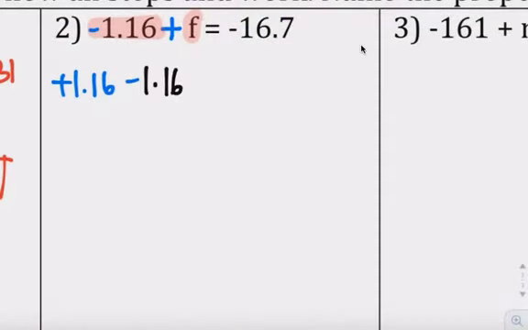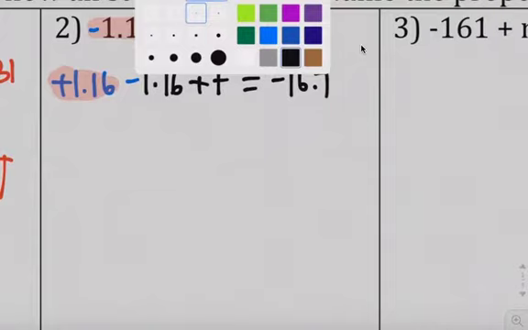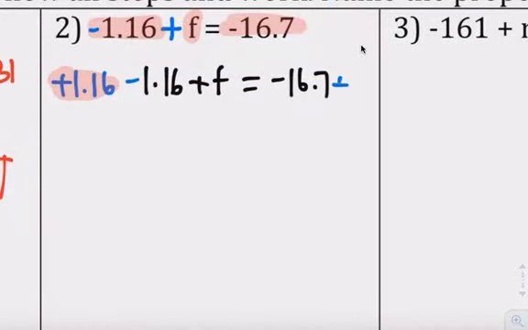That will get you 0 plus this F. Well, what you do to this side, you must do also to this side. You've got a negative 16.7. You have to add 1.16. This gives you 0 plus F, F equals.